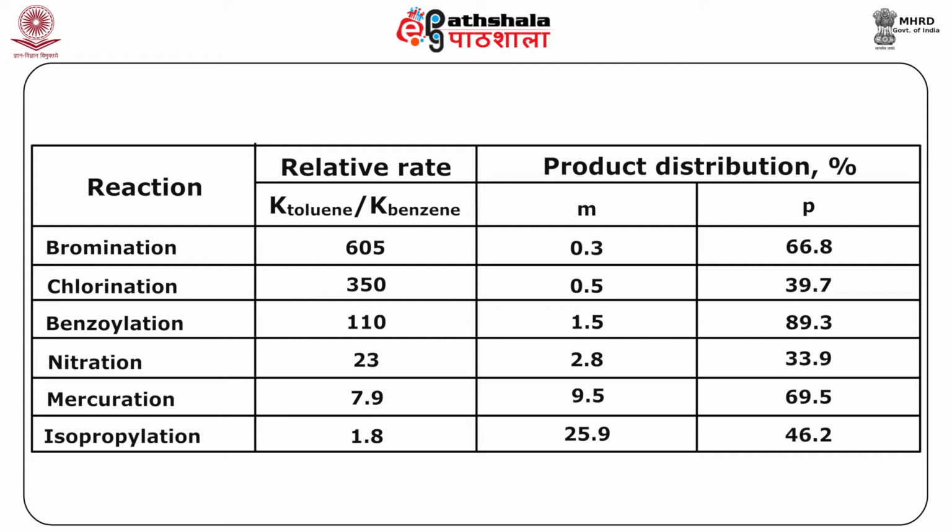Now you can see here this table tells you about the relative rates and isomer distribution for substitution in benzene as well as toluene. Now you can see here for bromination, chlorination, benzylation, nitration, mercuration and isopropylation what are the relative rates and the product distribution and their ratios.